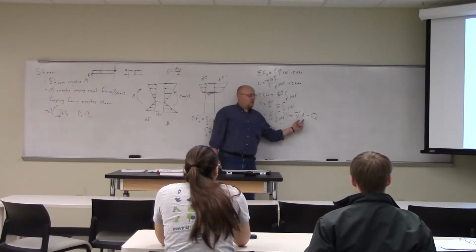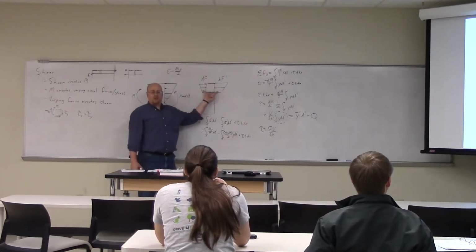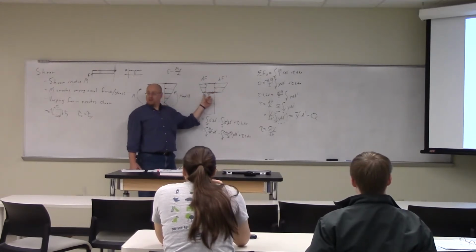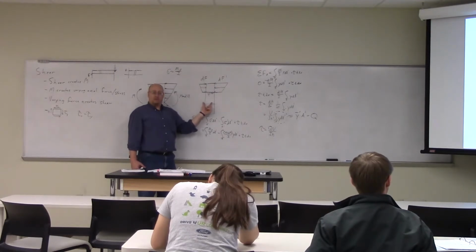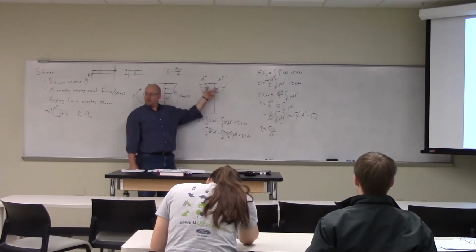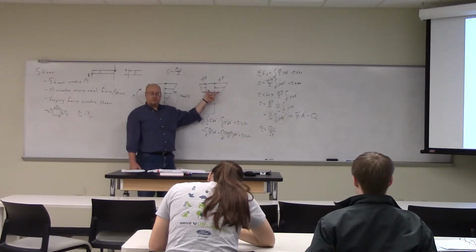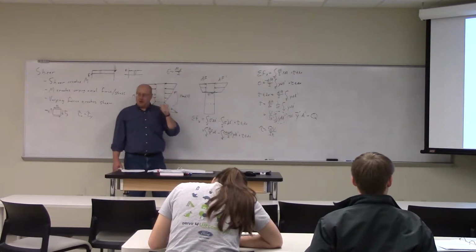Or you can see it over here and recognize that the difference in these forces just gets bigger and bigger. The absolute difference in the forces, therefore the absolute size of the shear stress, increases as I get down to the neutral axis. Once I get past the neutral axis, then I start to decrease because the forces in the bottom half begin to compensate for that difference. That make sense? So the biggest shear occurs at the neutral axis.